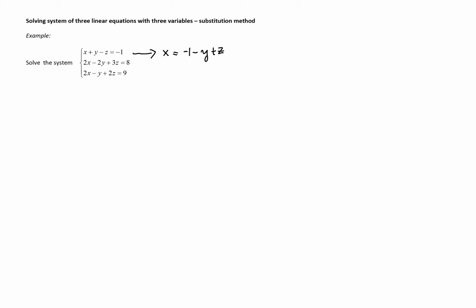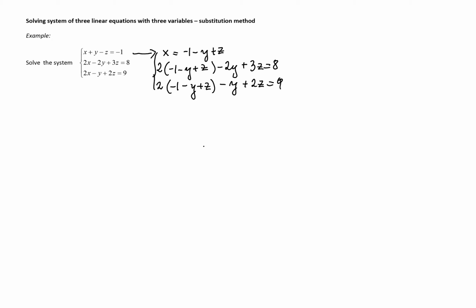That x is now substituted into the other two equations. So instead of x, we'll have -1 minus y plus z, and then we'll have -2y plus 3z equals 8. And we'll do the same with the third equation. x is substituted with the expression -1 minus y plus z, and then we'll have minus y plus 2z equals 9.